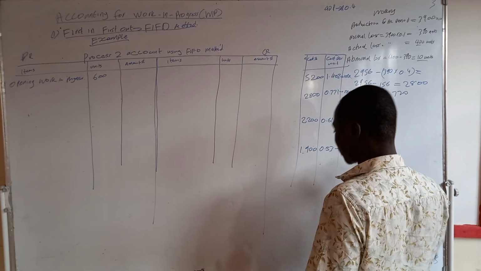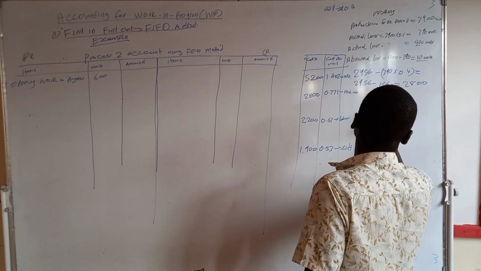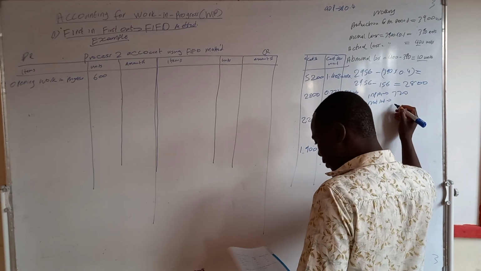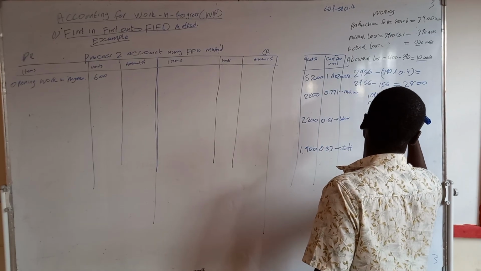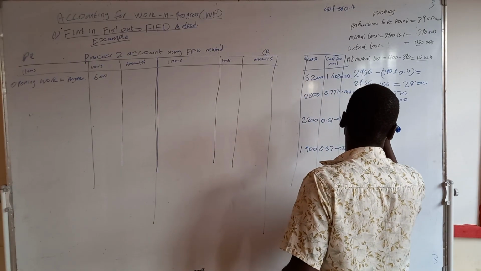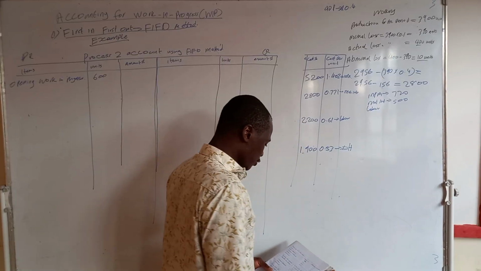720. Material introduced, we're being told it's 500 shillings. Then we have labor, of which we are being told is 340.